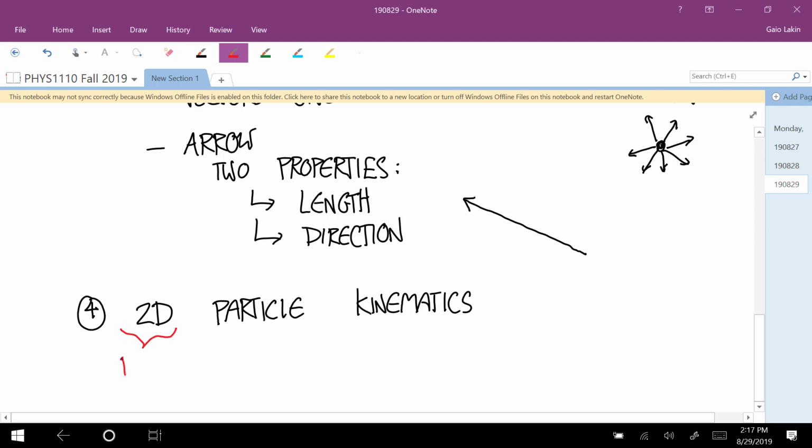A thing can move anywhere in the plane. It's not moving along a line anymore. Particle still means that we're only concerned with the location of things, not its orientation. And kinematics still means that we're describing motion, but not dealing with causes of motion.